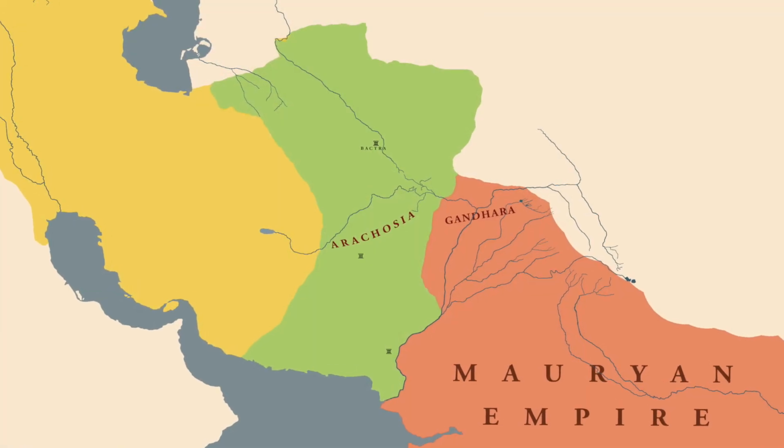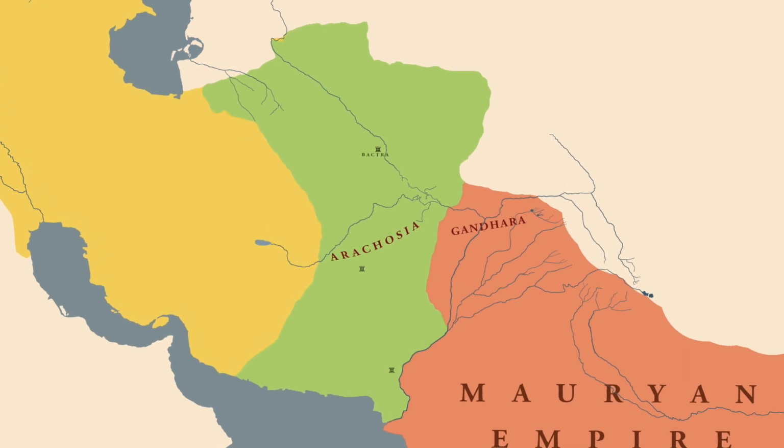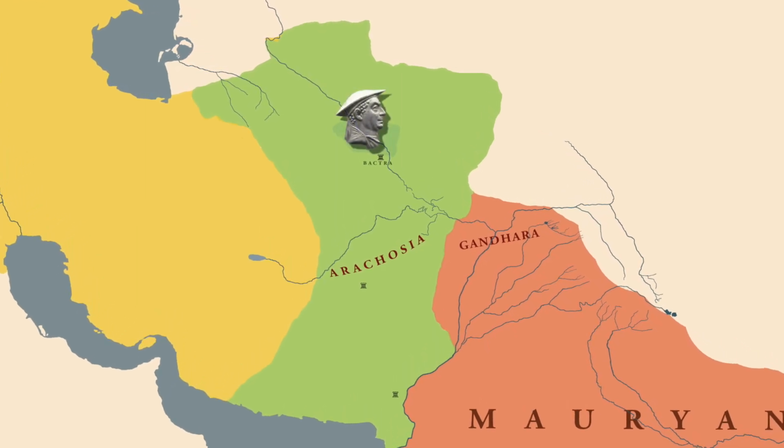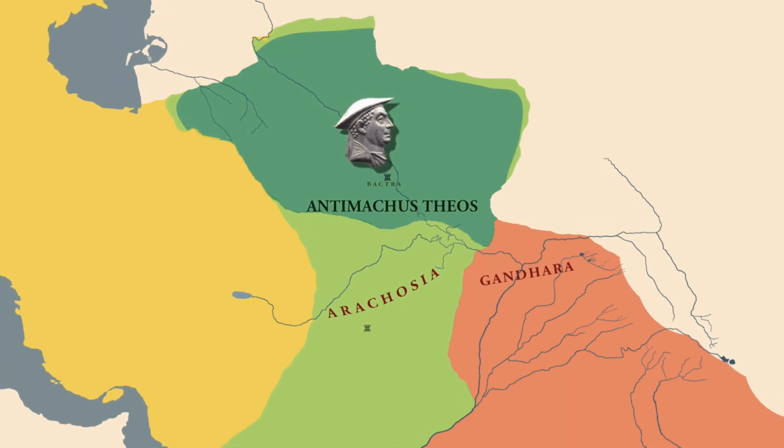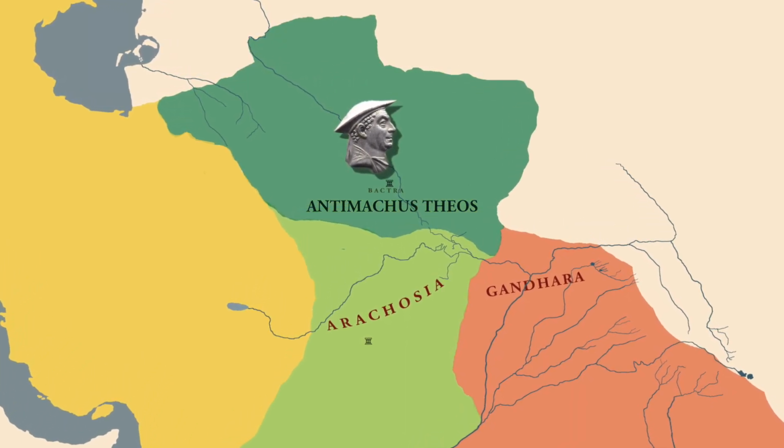Demetrius I died around 185 BC, and when Demetrius I died, there was a revolt in Bactria, and the Bactrian throne was captured by a Greek named Antimachus Theos. Now, Antimachus Theos had a quite interesting history.